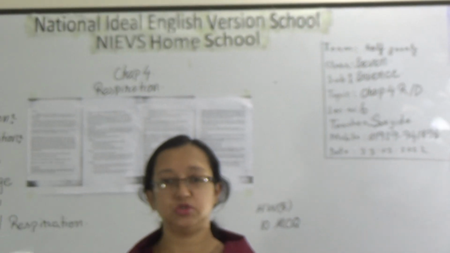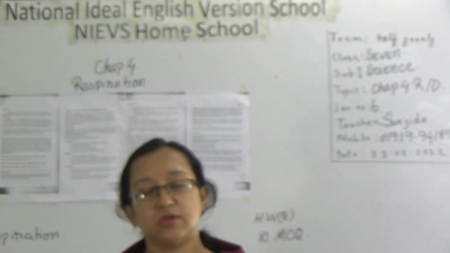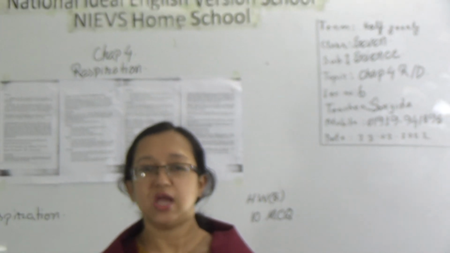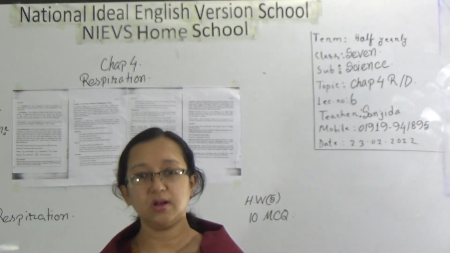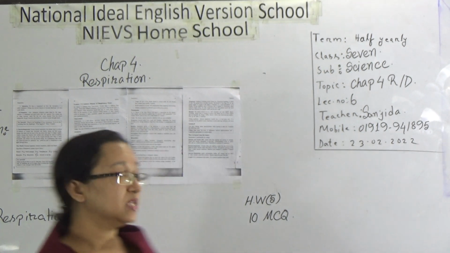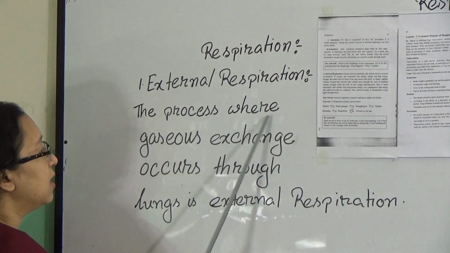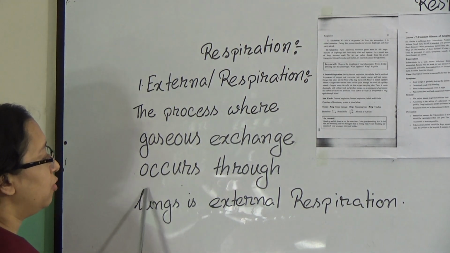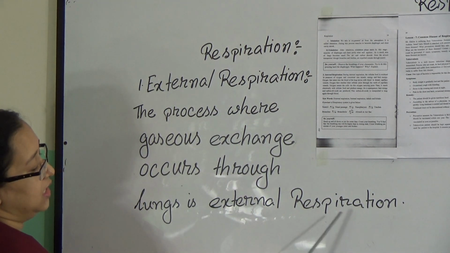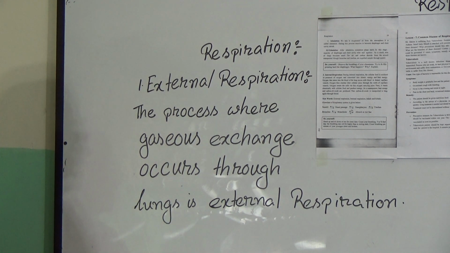The respiratory system has two steps. One is external respiration and the other is internal respiration. Now we discuss this. External respiration means the process where gaseous exchange occurs through our lungs.